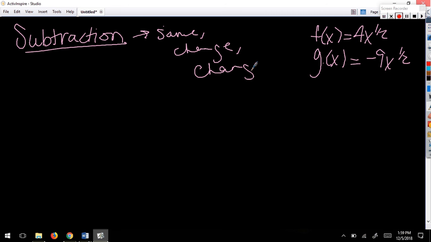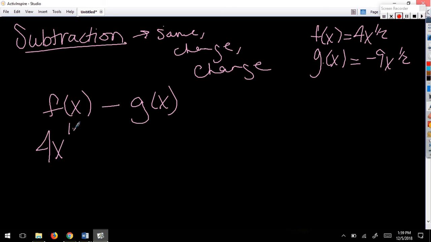So if I wanted to do f of x minus g of x, same f, same g. 4x to the 1/2 minus negative 9x to the 1/2.